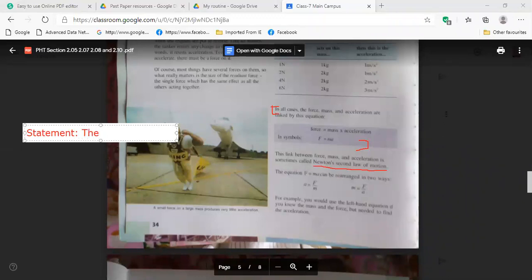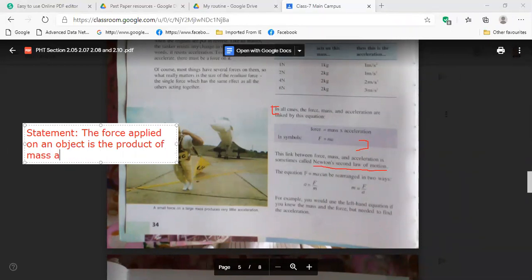The force applied on an object is the product of mass and acceleration.